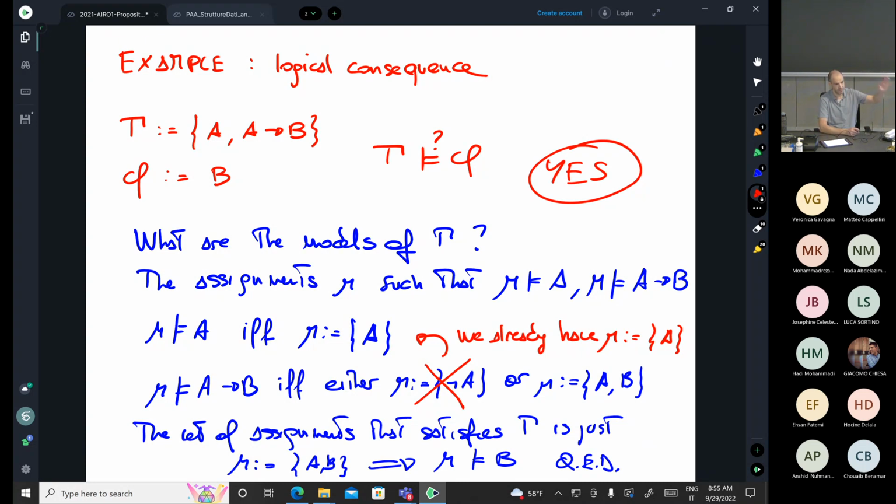We will see that everything can be reduced to satisfiability in a minute, but for the time being, let's work with this in order to get a little bit acquainted with this language and how we reason about it. So this is a formal proof, something you might not be totally accustomed to doing yourself.